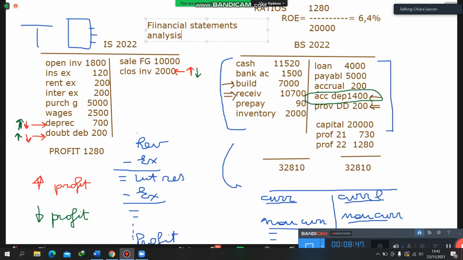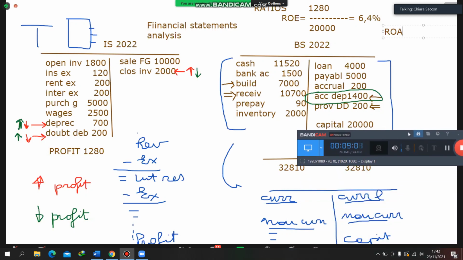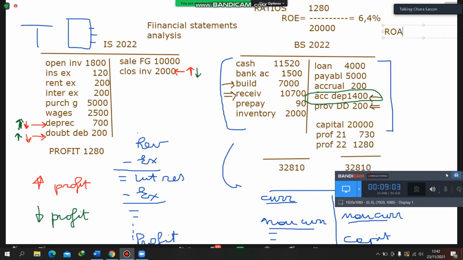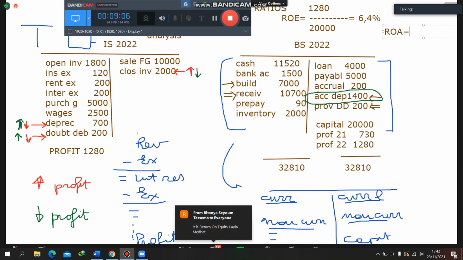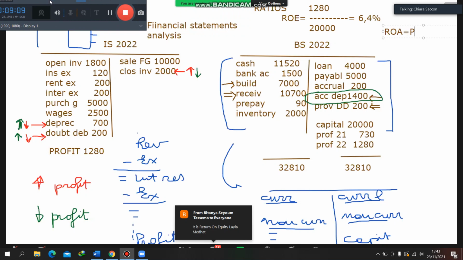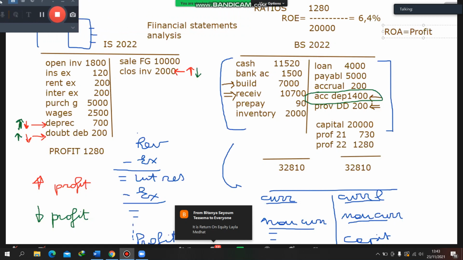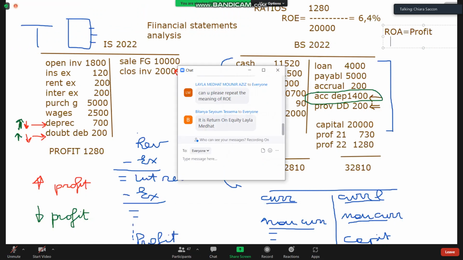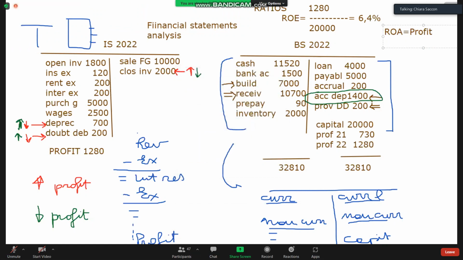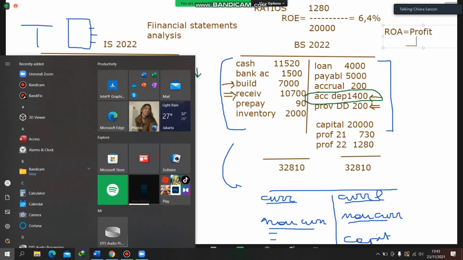Another important ratio is like this. It is the ROA. So it is putting together return on assets. So you write on the top of the ratio the amount of profit, and then profit on the amount of the asset invested.